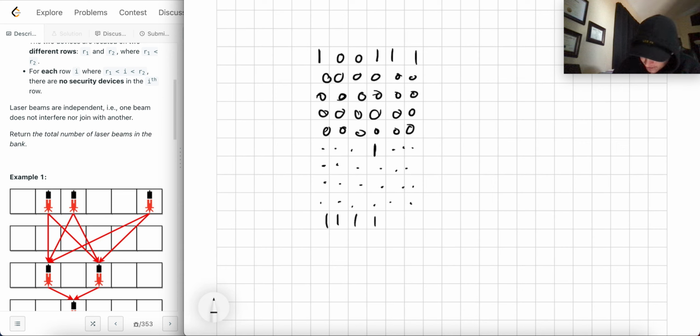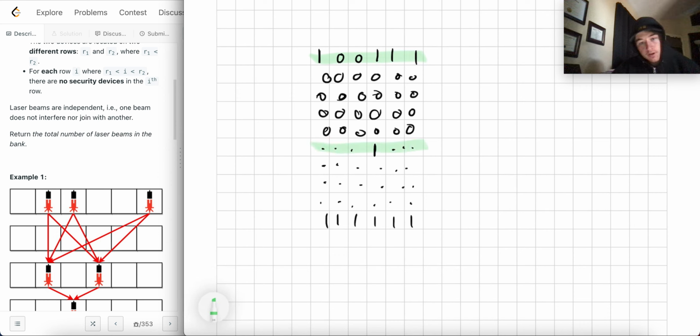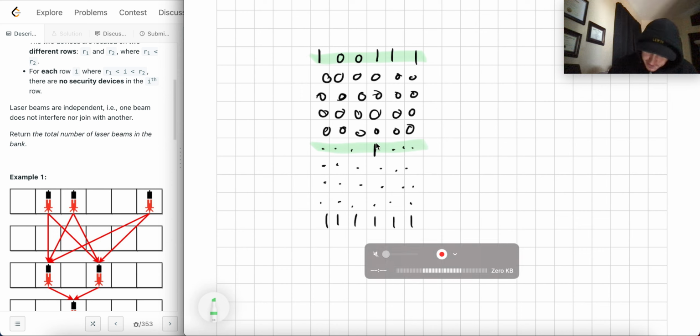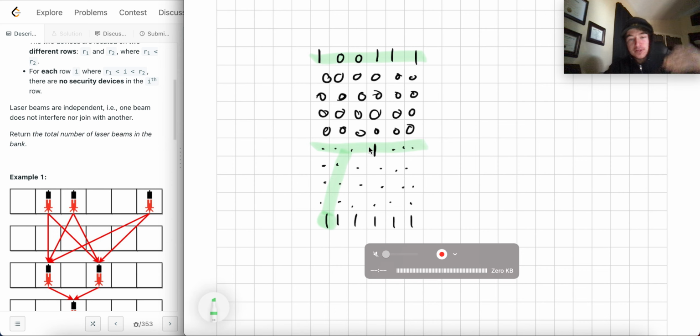If I had all 1s down here, for example, right? What happens is, okay, these things can connect to each other, right? But after this point, if any of these lasers tries to go through, it's going to hit this boundary and it can't go through, right? Because every row in between can't have any lasers.